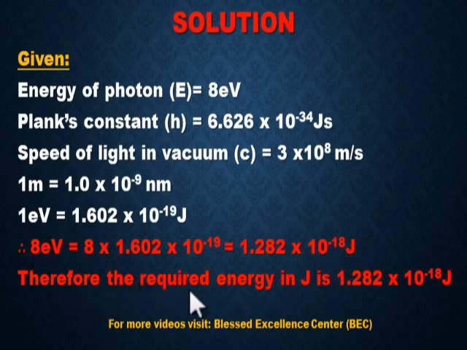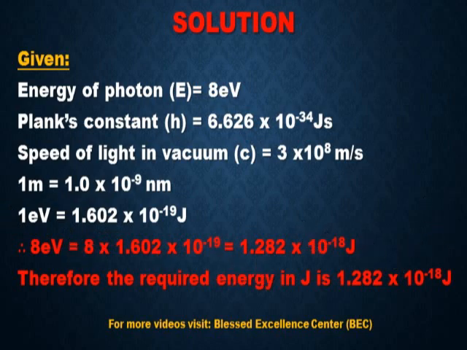Therefore, the required energy in joules is 1.282 times 10 exponent minus 18 joules. So the thing is just cross multiplication. Since 1 electron volt is equal to this, therefore 8 electron volts equal 8 times this. Understand? So that is how that is obtained.